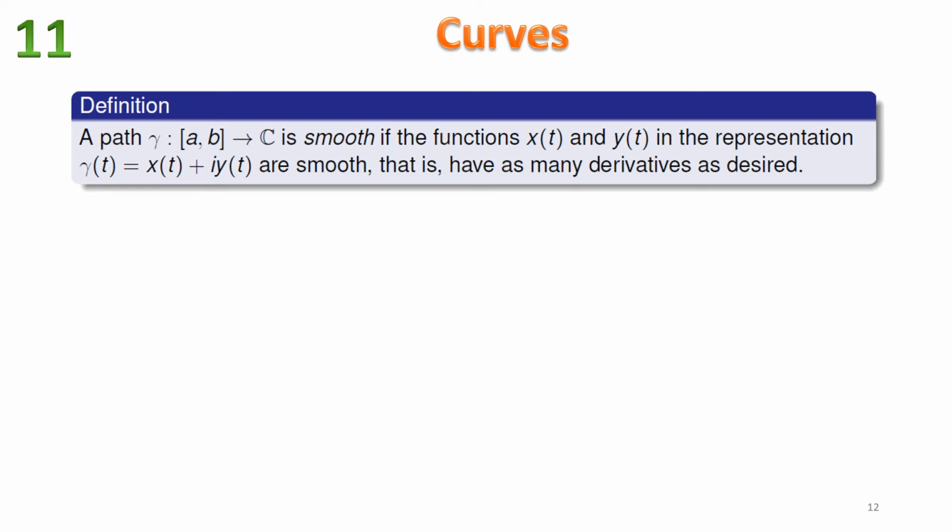So here we shall try to define curves. A path gamma over the interval AB mapped onto the complex plane C is smooth if the functions, that is the real and imaginary parts, x of t and y of t, in the representation gamma of t equal to x of t plus i times y of t, are smooth.